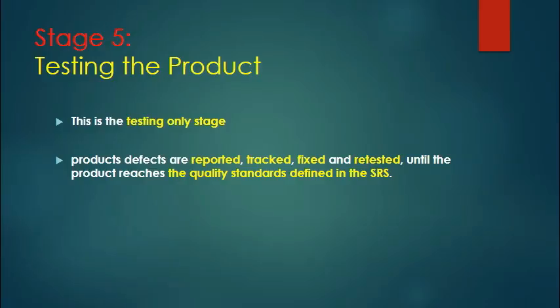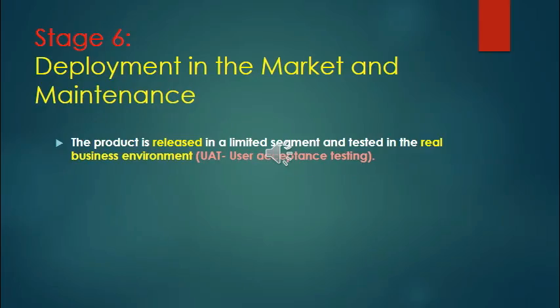Then the next step comes, that is the final step, deployment in the market and maintenance. As the word suggests, deployment means in the real environment the software is tested on a trial basis within a limited area or a limited segment, in the real business environment in practical life.